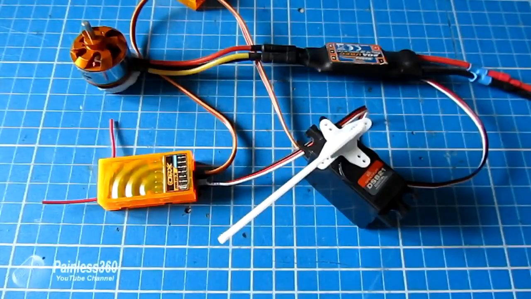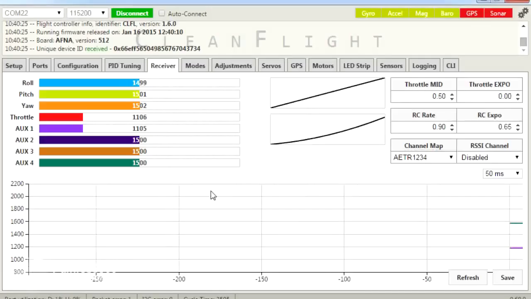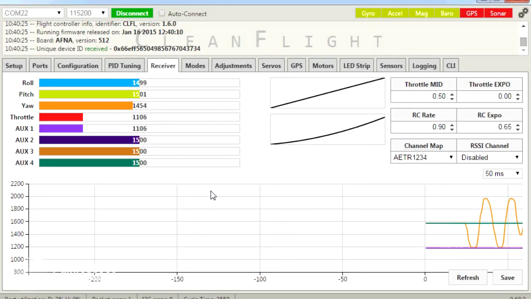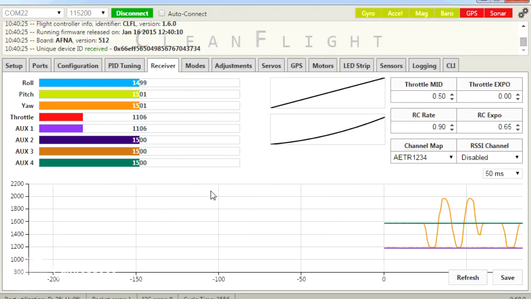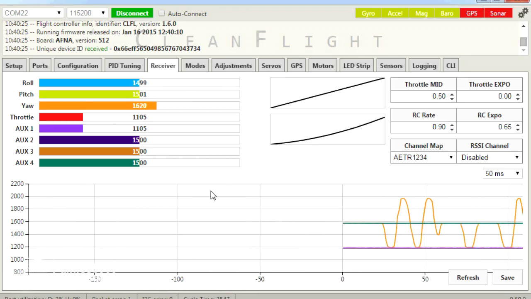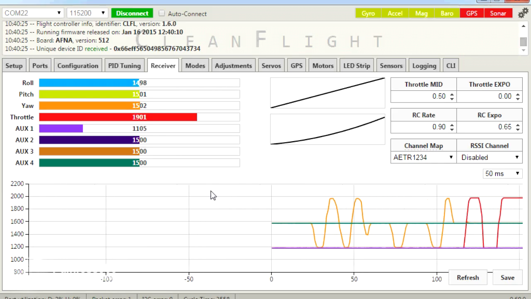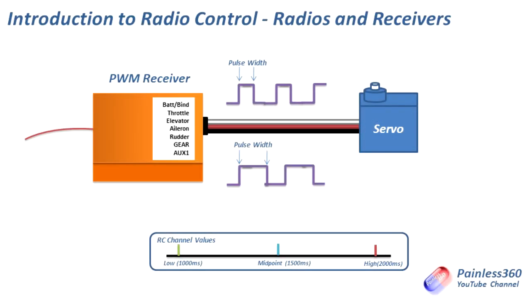So sometimes you'll see when you're setting multi-rotors up that there will be a range for maybe the throttle channel, and you'll see ranges of things like 1060 up to 1860. It's very common for things like Simon K speed controllers. That's what they're talking about. It's actually the width of the pulses that are coming from the receiver, which is in direct relation to the position of the controls.